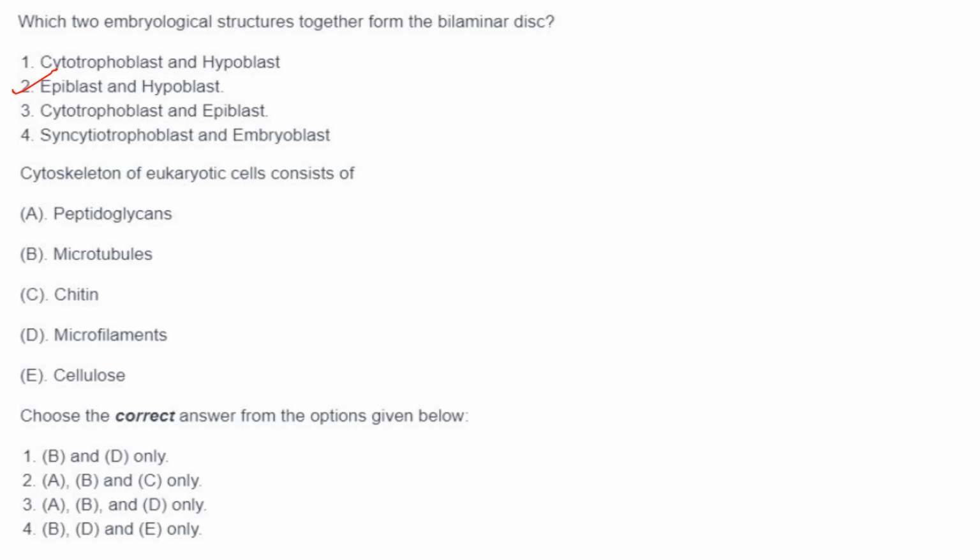Then coming to the next question. Cytoskeleton of eukaryotic cell consists of. So cytoskeleton in eukaryotic cell has microtubules, microfilaments and intermediate filaments. Here only microtubules and microfilaments are given. That is B and D is the answer. So answer is option 1, B and D only.